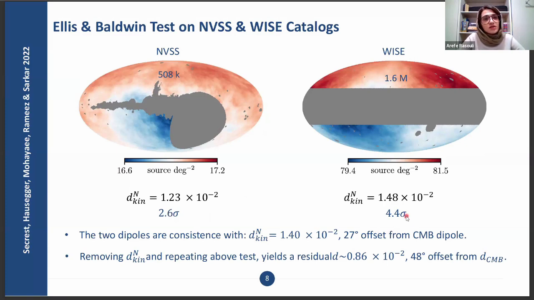As a result, the dipoles for radio galaxies and quasars are consistent with each other. This consistency improves when they are boosted to the CMB rest frame, assuming the dipole is entirely kinematic. And this suggests that the cosmologically distant radio galaxies and quasars have an intrinsic anisotropy in this frame.